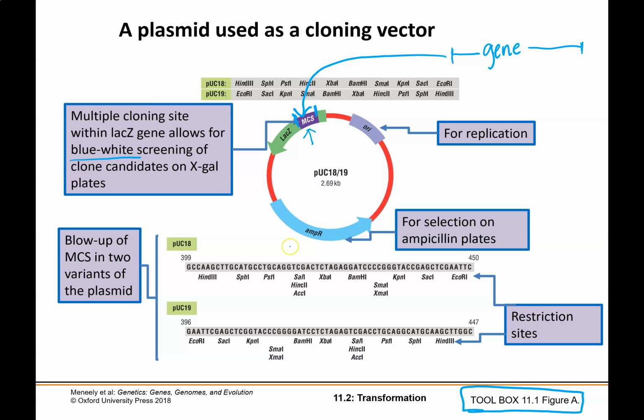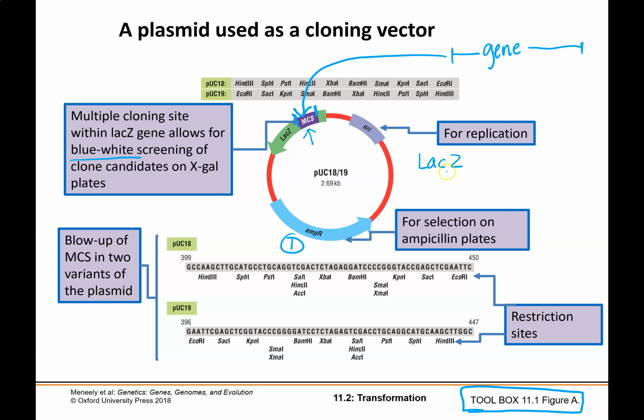So any cells that have taken up the plasmid are going to be resistant to ampicillin, and any cells that have the plasmid with our gene inserted are going to interrupt this LAC-Z gene. So the LAC-Z gene is able to cleave a chemical called X-gal. It's a sugar.